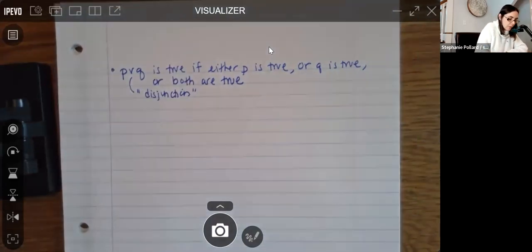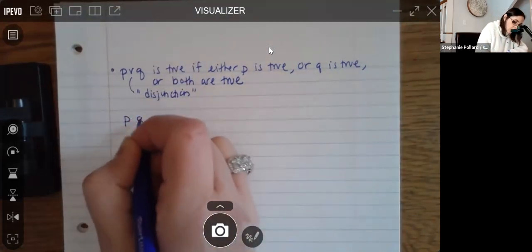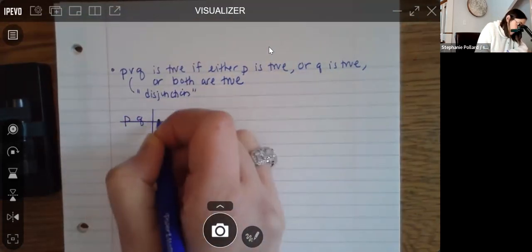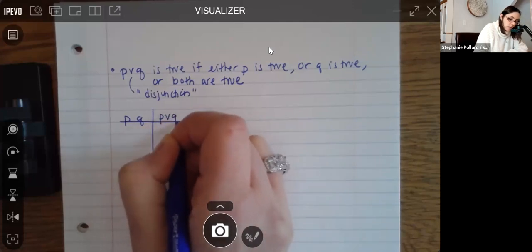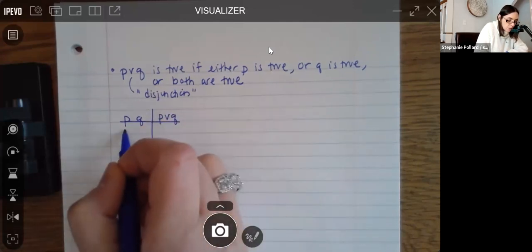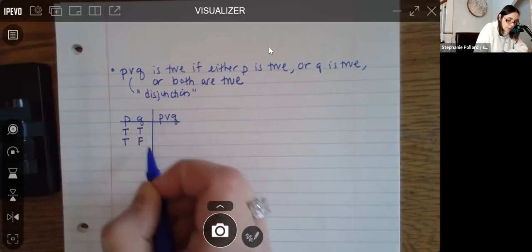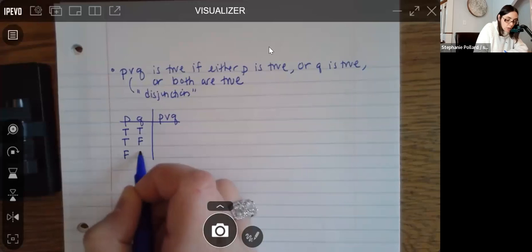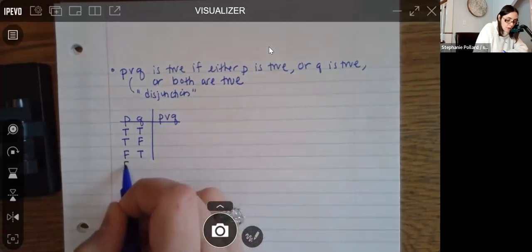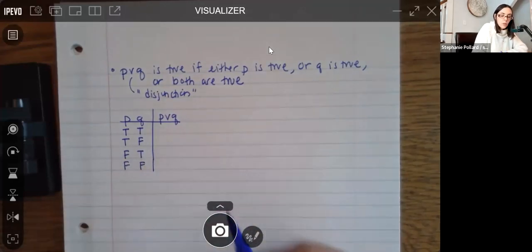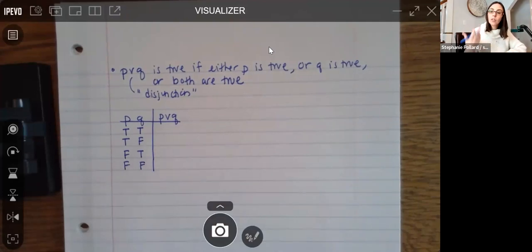So let me do a truth table here. I have P and Q, and then I'm trying to figure out, well, what happens with P or Q? So again, P could be true and Q could be true. P could be true, but Q could be false. P could be false and Q could be true, or they both could be false. What happens here for an or statement is the outcome is true as long as at least one of them is true.